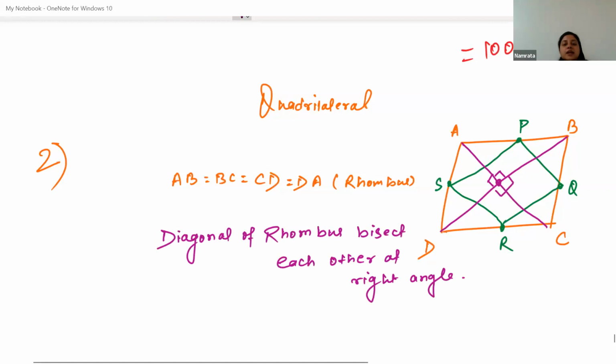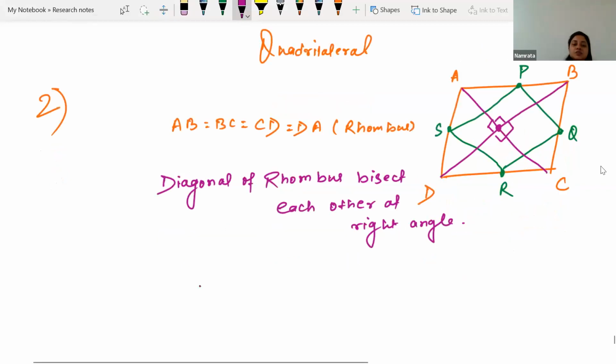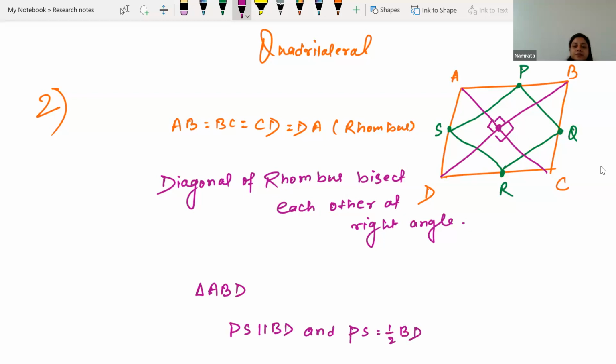First, we are going to take triangle ABD over here. Can we say in triangle ABD, PS must be parallel to BD? And PS will be half of the length of BD. Similarly, in triangle BDC, can we say QR will be parallel to BD, and also QR will be half of the length of BD?